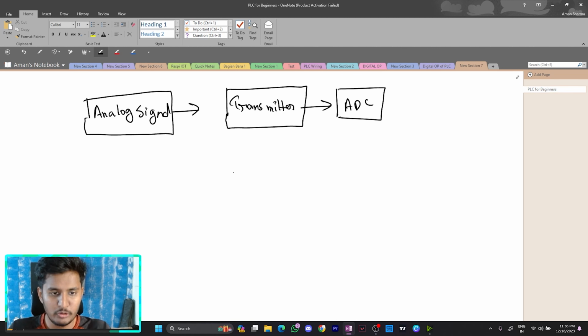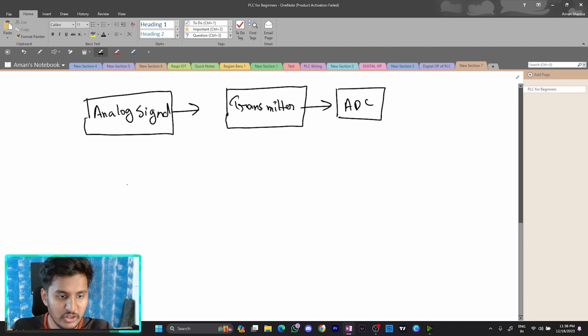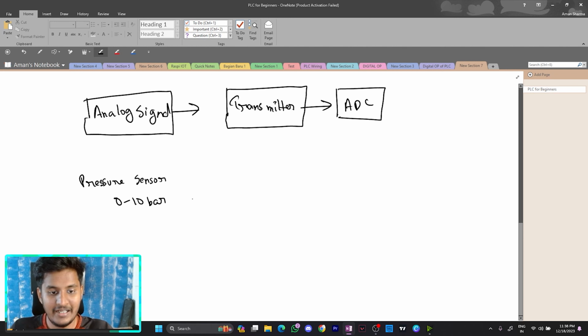Now let's use another approach to understand the same concept. Assume that we have a pressure sensor which can sense 0 to 10 bar and it gives output as 4 to 20 milliampere. First of all, our graph will be like this. This is 0 bar and this is 10 bar.